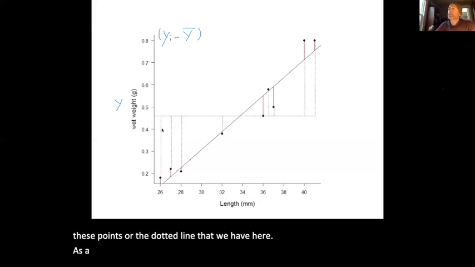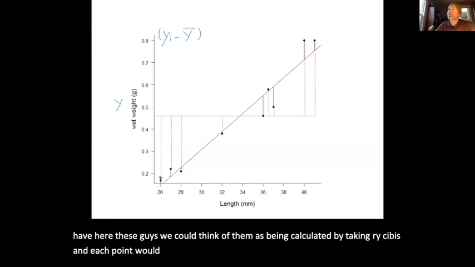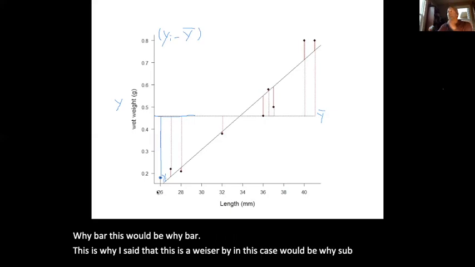And then the points that we have here, these red dotted points, we could think of them as being calculated by taking our y sub i's, and each point would be a y sub i, and the distance from that point to the line, or y bar. In this case it'd be y sub 26, but that's a y sub i.